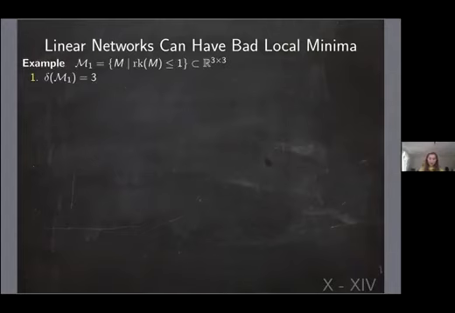If you work with a network that looks like this, with input and output size 3 and a layer of size 1 in the middle (or possibly more layers, but at least one layer of size 1), then this will be 3 by 3 matrices of rank 1. It has 3 critical points, but under this perturbation to a different loss, you get 39, a much larger number.